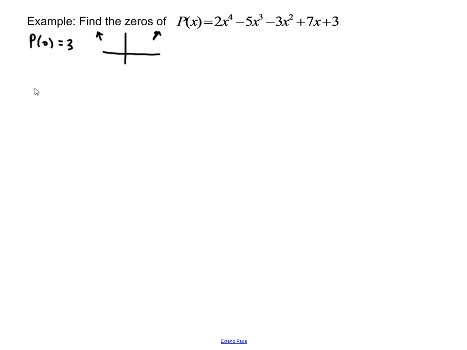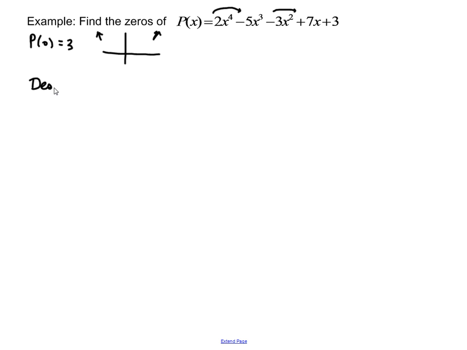All right. Now, we use Descartes' rule of signs to count the number of possible real zeros on the left and the right. So if we look at p of x, the natural function, we see that we have one sign change, two sign changes.